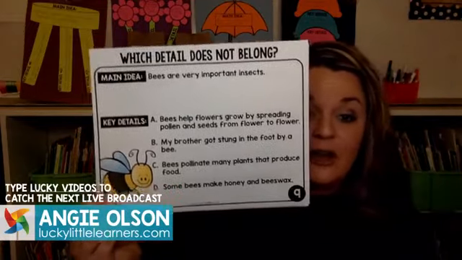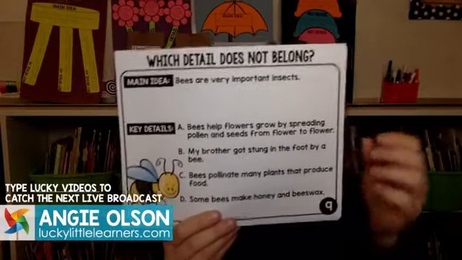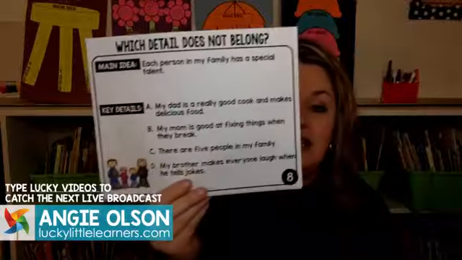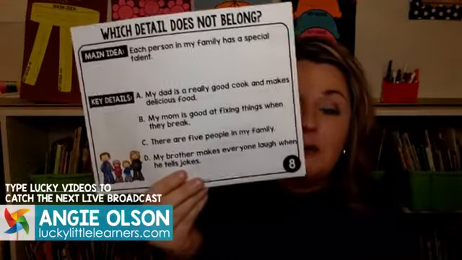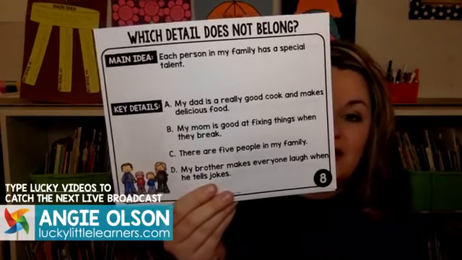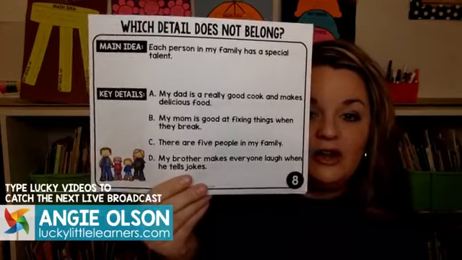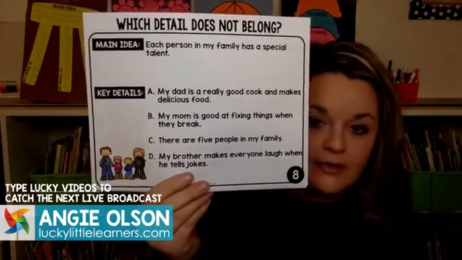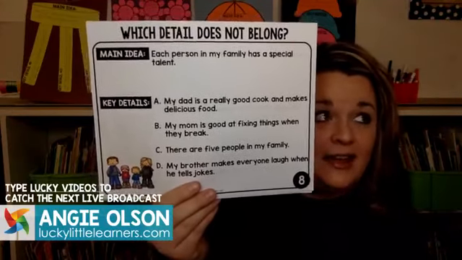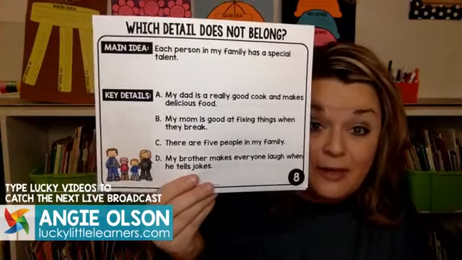Now, this activity I love, but here is one thing I will say about this: you do have to have that one key detail that does not belong be something that is somewhat related to the rest of the sentences. Like, this one's like, each person in my family has a special talent. And then it goes on to talk about what dad does, what mom does, what brother does. If I said cantaloupe is my favorite fruit, well, obviously that's the detail that does not belong.